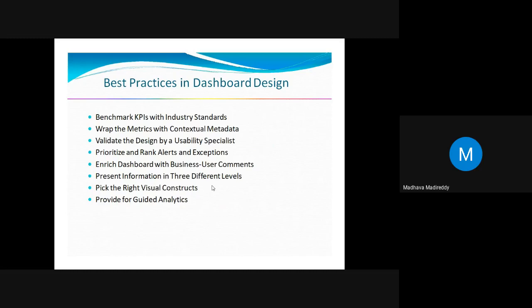Then we should validate the design by a usability specialist. Then we can enrich the dashboard using business user comments, and then we can pick the right visual constructs. And finally, one of the best practices is to provide guided analytics.